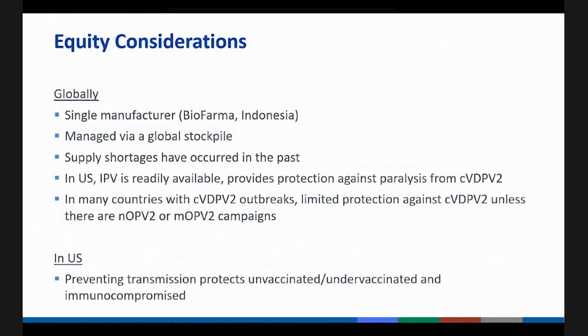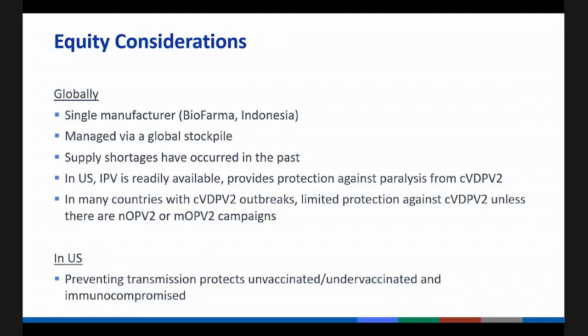In terms of equity, there is only one manufacturer of NOPV2, and it is managed by a global stockpile. Supply shortages have occurred in the past. In the US, IPV is readily available and provides protection against paralysis from cVDPV2. But in many countries with cVDPV2 outbreaks, there is limited protection against cVDPV2 unless there are NOPV2 or Sabin OPV2 campaigns.